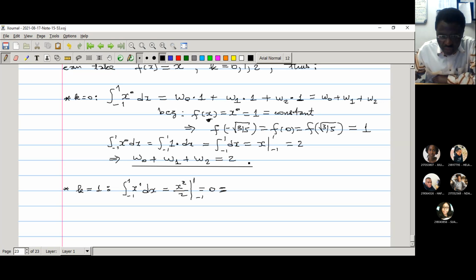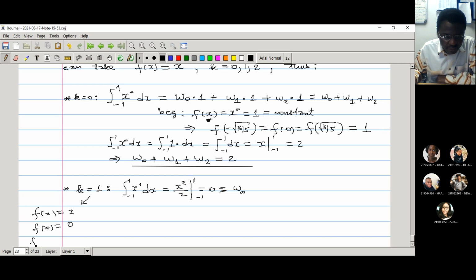So this will be W0 times f of 0. So f of x here is x. So meaning that f of 0 is what? 0. x is 0. Whatever is here is what I put there. 0 is 0.